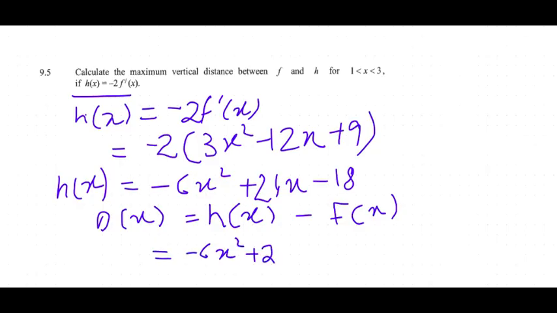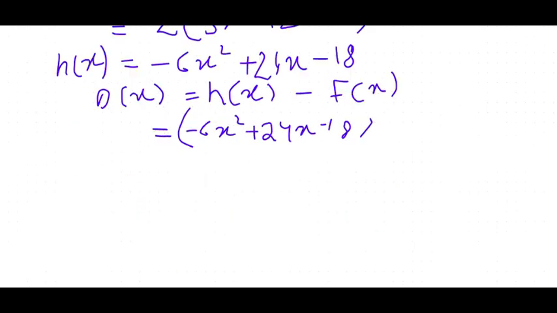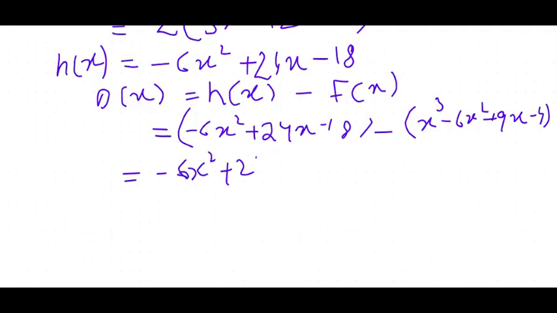So this is the value of h of x we got, and with the function f of x, as we know earlier, x cubed minus 6x squared plus 9x minus 4, I'm just going to simplify the equation. We have minus 6x squared plus 24x minus 18. Now I multiply the minus with all the terms of f.